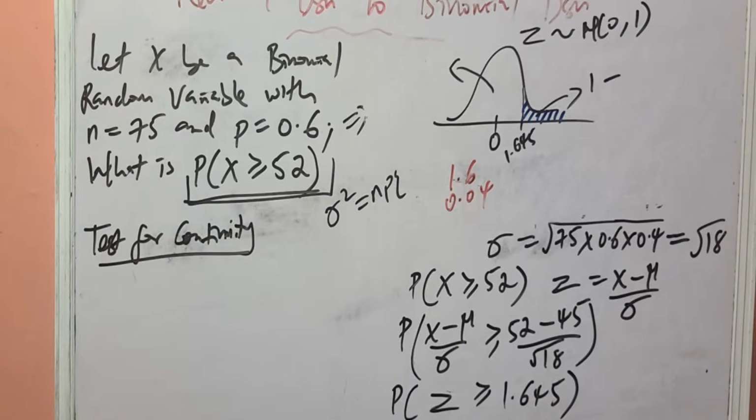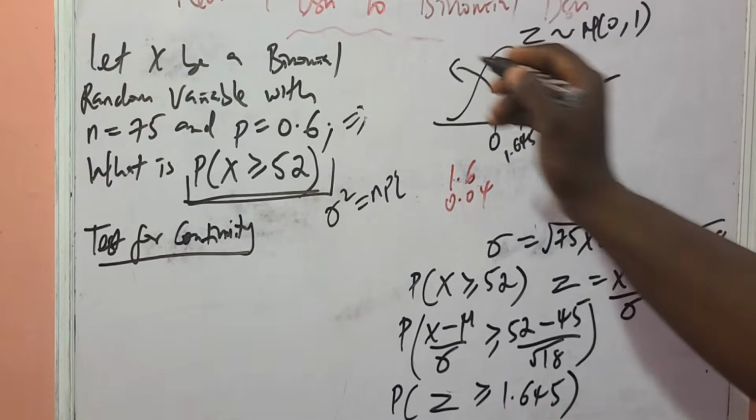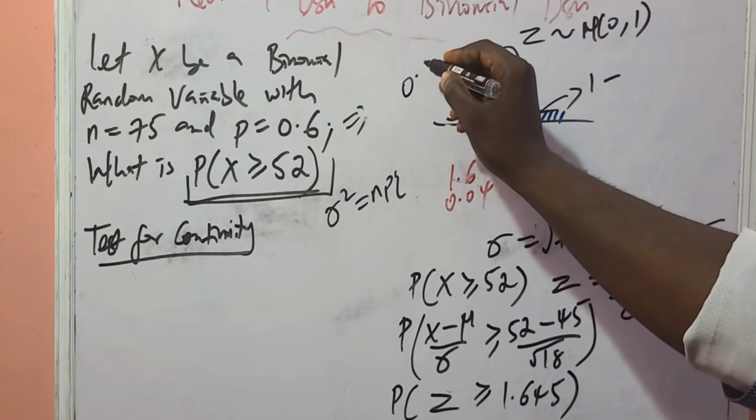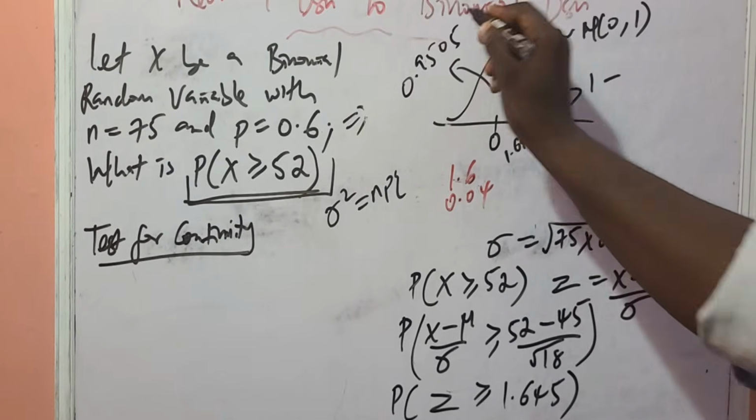Okay, so anybody with an answer for 1.645 using your table, 1.6 under 0.05, 0.9505. So you would see this is going to give you an area of 0.9505.